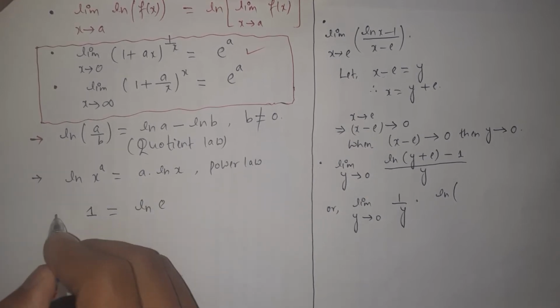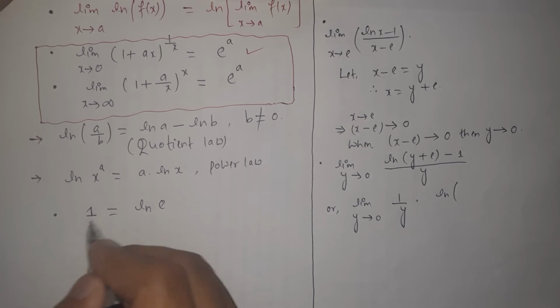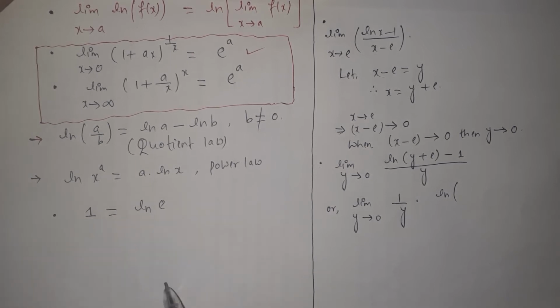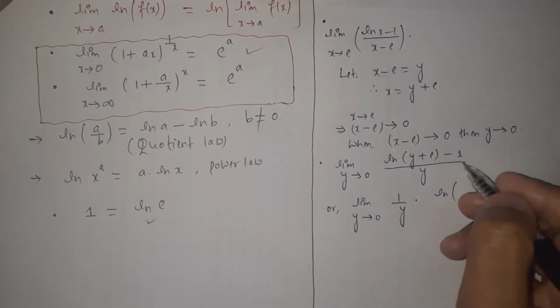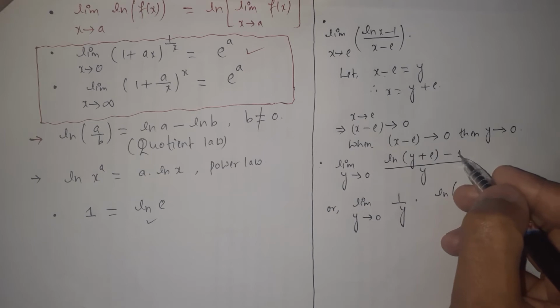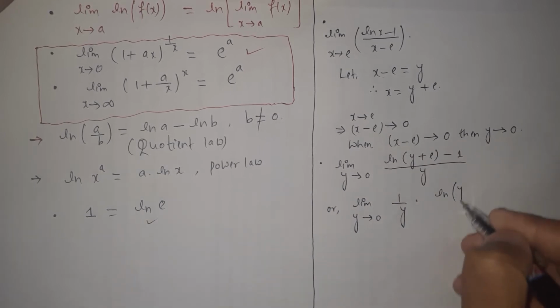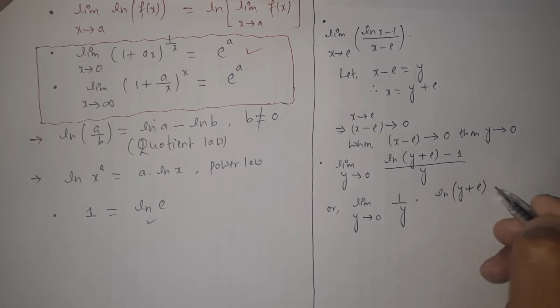We can write ln of e in place of 1. The value of ln of e is 1, since here we take the natural log. So if we put ln of e in place of 1, the format will be ln of y plus e minus ln of e.